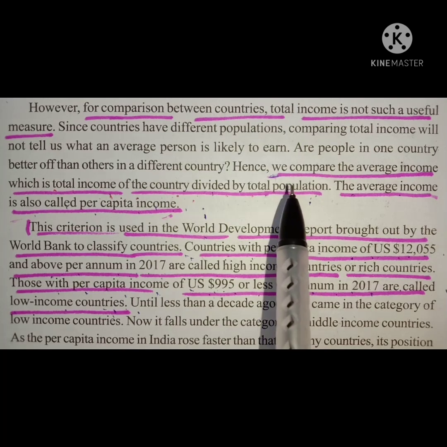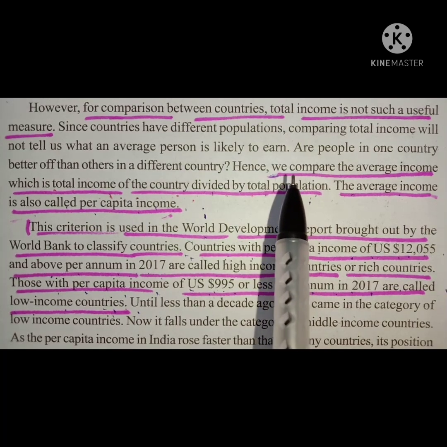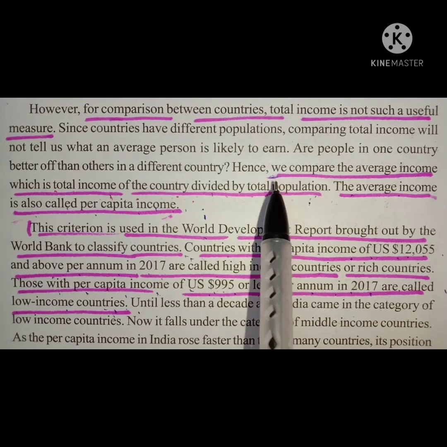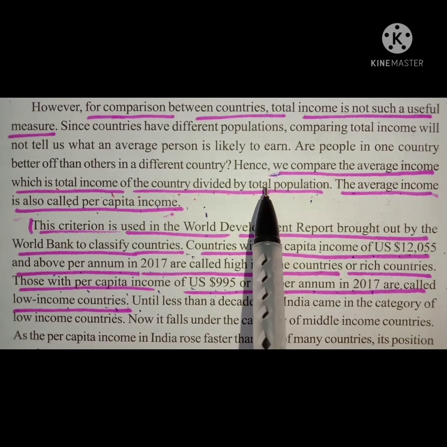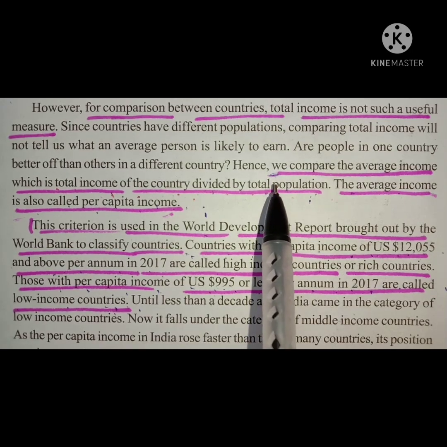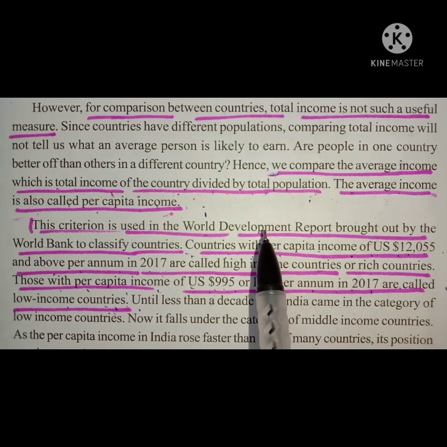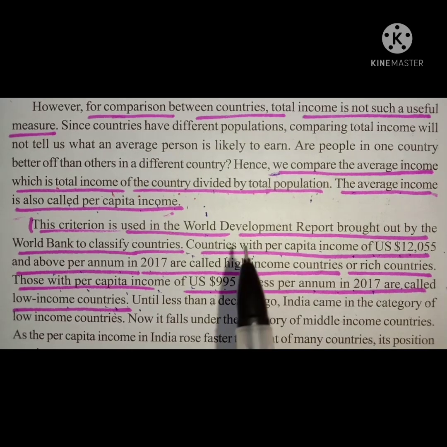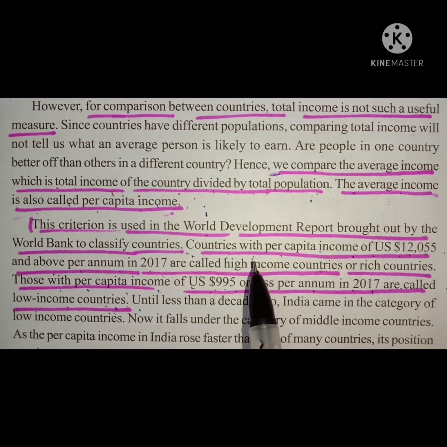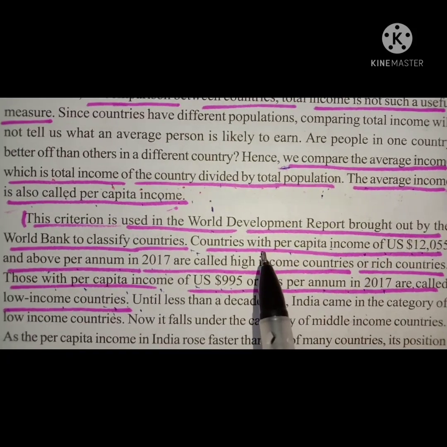Next, why is the per capita income of different countries calculated in dollars and not in their own currency by the World Bank? Only per capita income is calculated in US dollars.